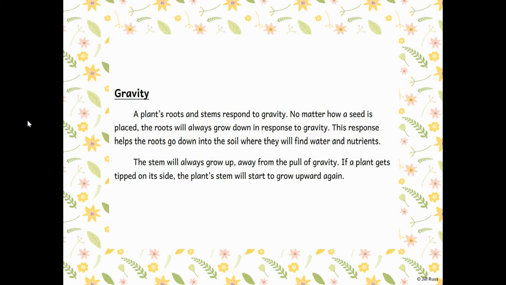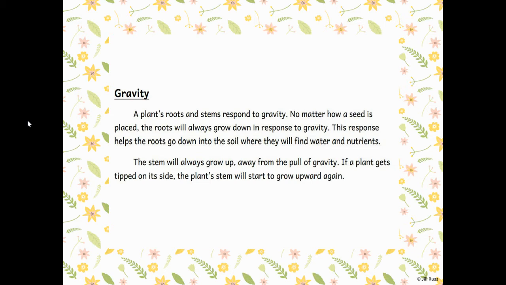This response helps the roots go down into the soil where they find water and nutrients. The stem will always grow up, away from the pull of gravity. If a plant gets tipped on its side, the plant's stem will start to grow upward again.